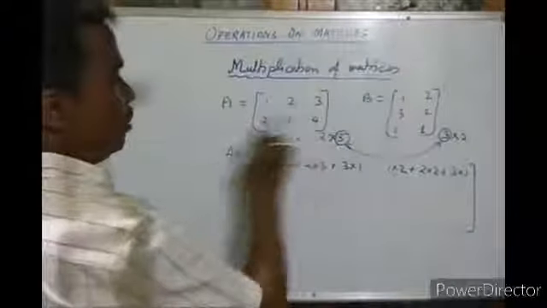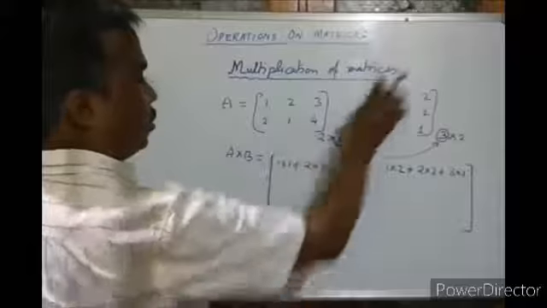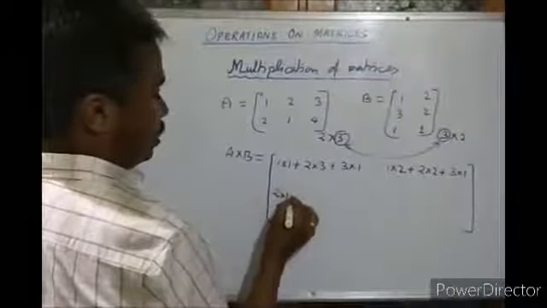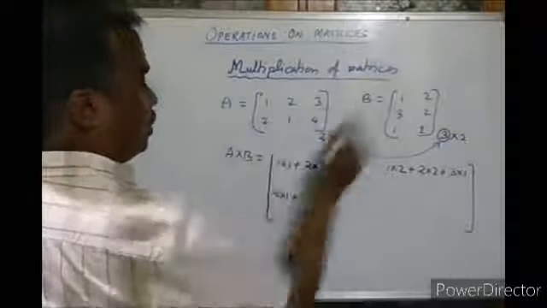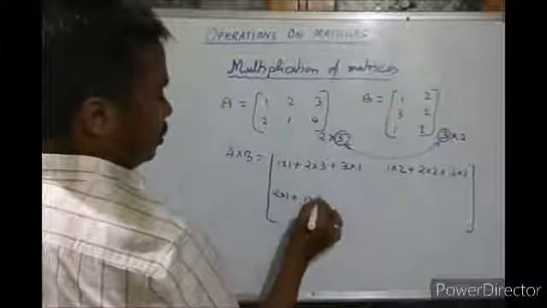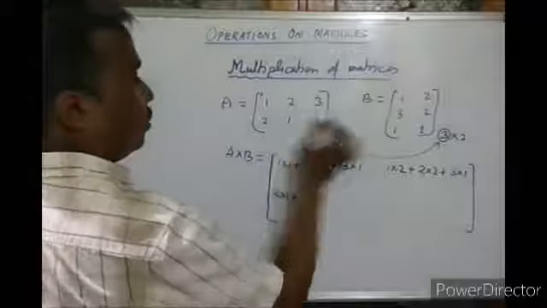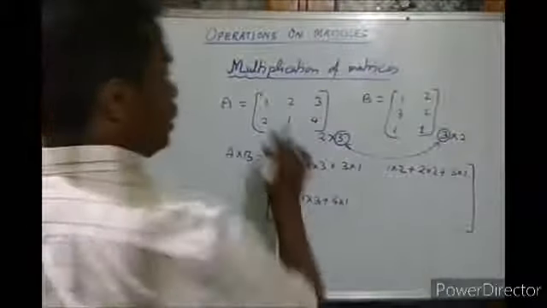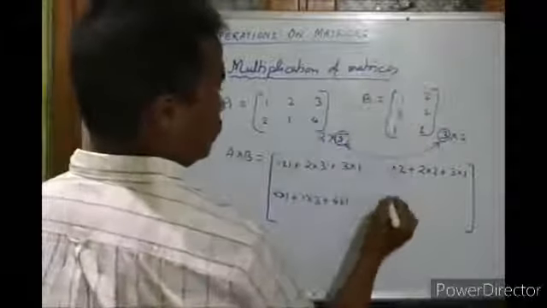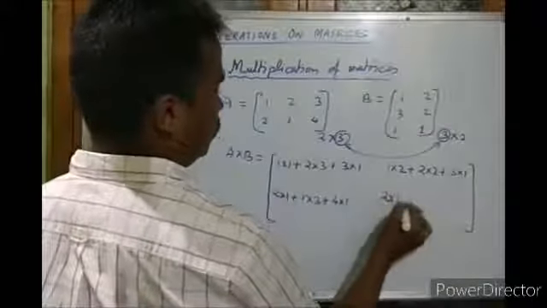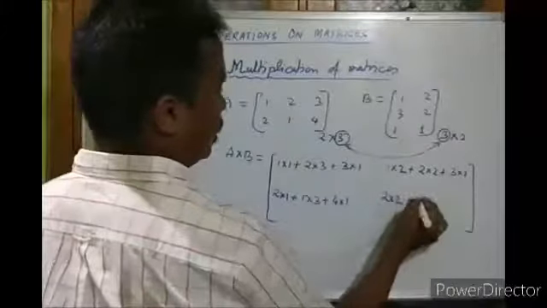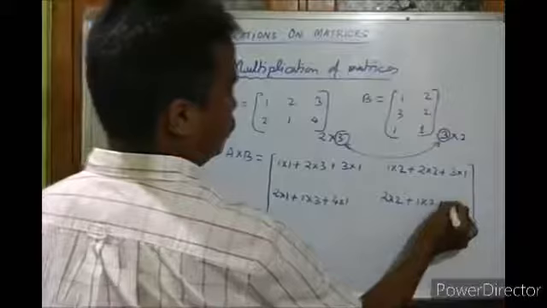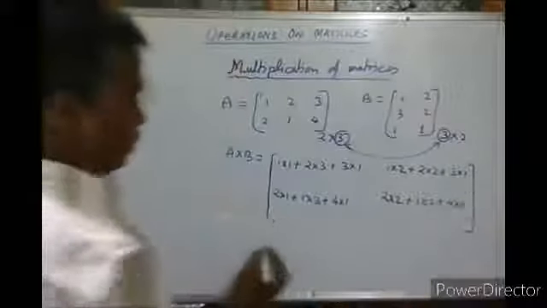Then second row multiplication. Second row into first column: 2 into 1 plus 1 into 3 plus 4 into 1. Again second row into second column: 2 into 2 plus 1 into 2 plus 4 into 1.